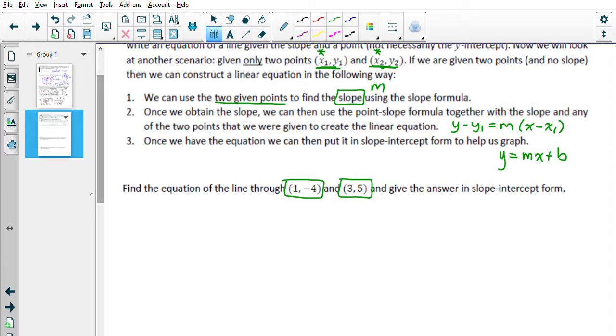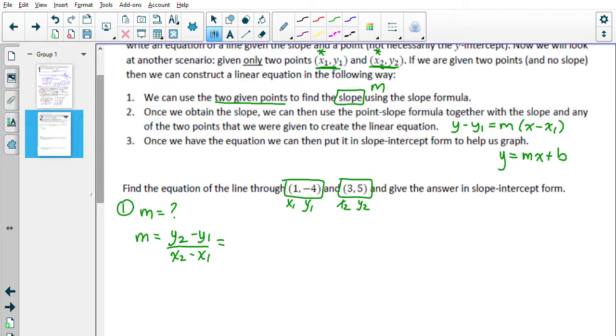The steps you're going to go through to get this equation: first, step 1, you're going to calculate m. You're going to get the slope. So we'll call this x1, y1, we'll call the second point x2, y2. We'll remind ourselves of the slope equation: y2 minus y1 over x2 minus x1. It's the change in y divided by the change in x.